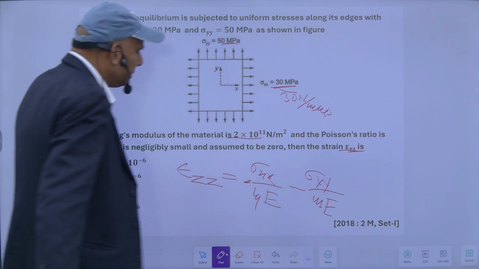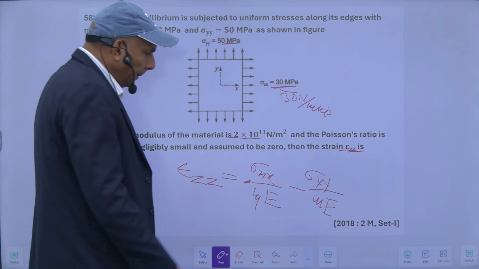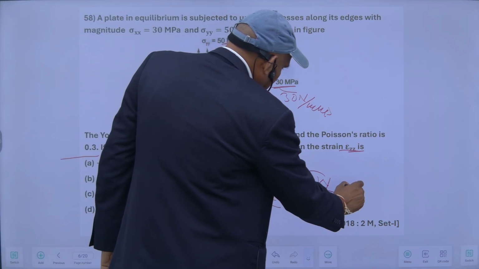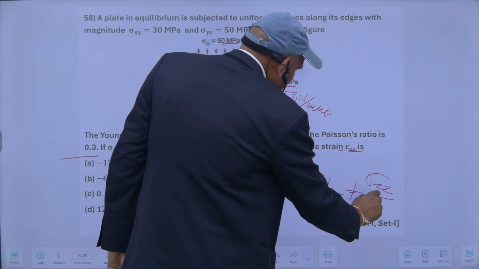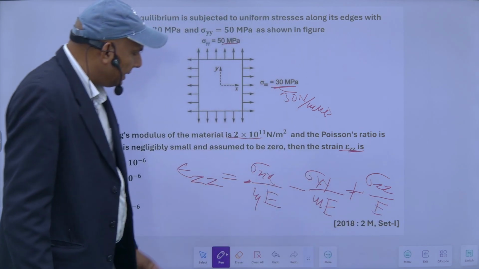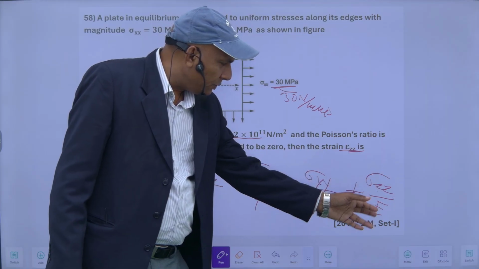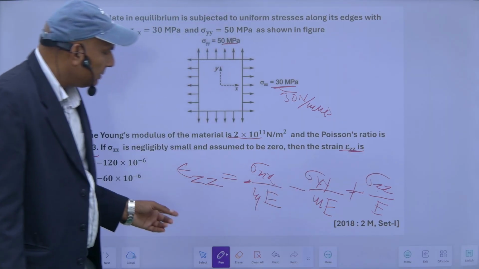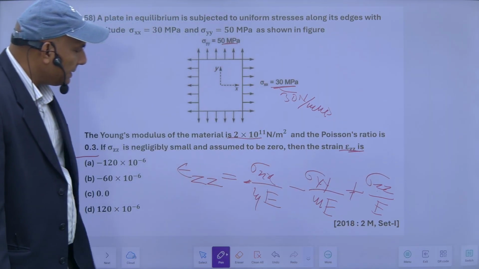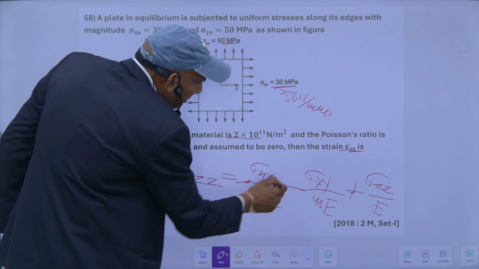Both have a different effect in this direction, and sigma zz upon E. So my strain in the z direction is the strain due to sigma zz upon E and the reverse effect of the x and y direction stresses. So this will be opposite, which means this will be minus.